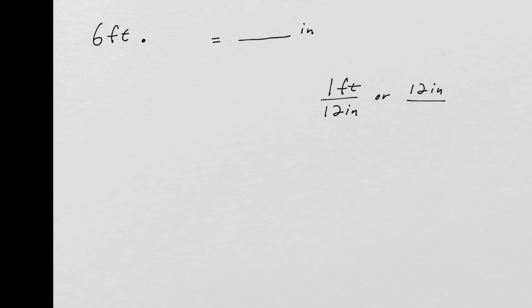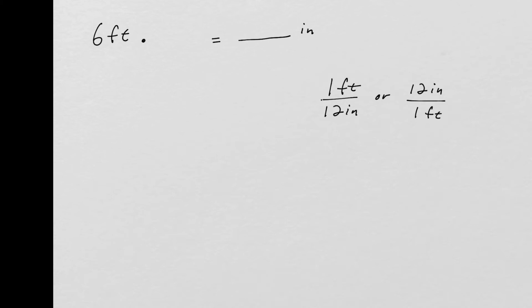Okay, so if I want to convert 6 feet, let me write it this way, 6 feet, I want to multiply by one of those unit conversion factors, and I want my answer to be in inches. Remember, the two choices were, I could either multiply by 1 foot is 12 inches, or 12 inches is 1 foot.